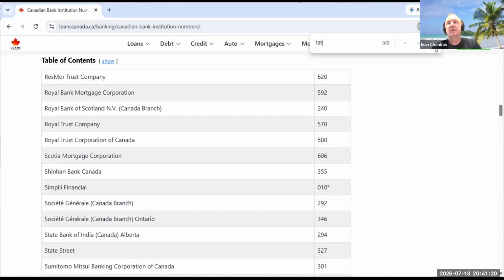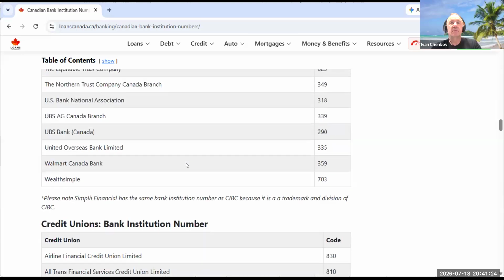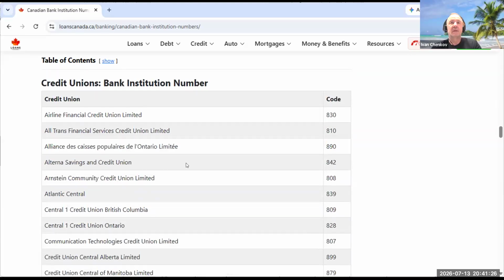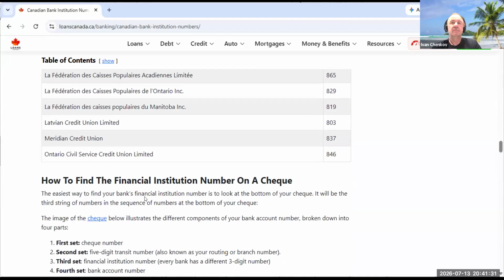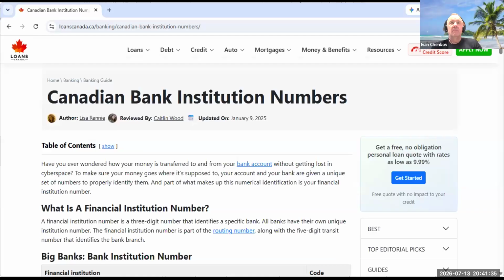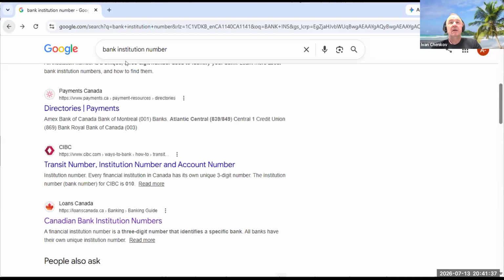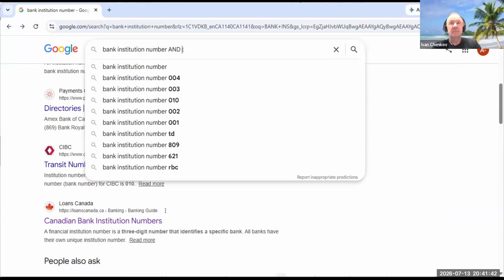No, there's no match, so that's a random number. That's not related to any institution. And you can see here, you even have the numbers of the credit unions. So that's the bank institution. The other thing is the bank institution number and transit numbers.